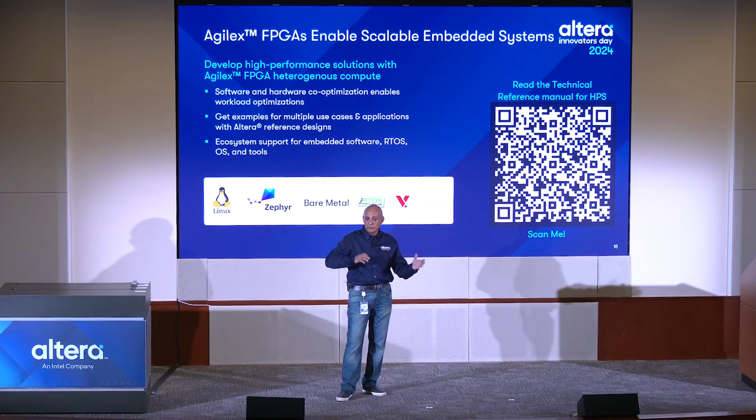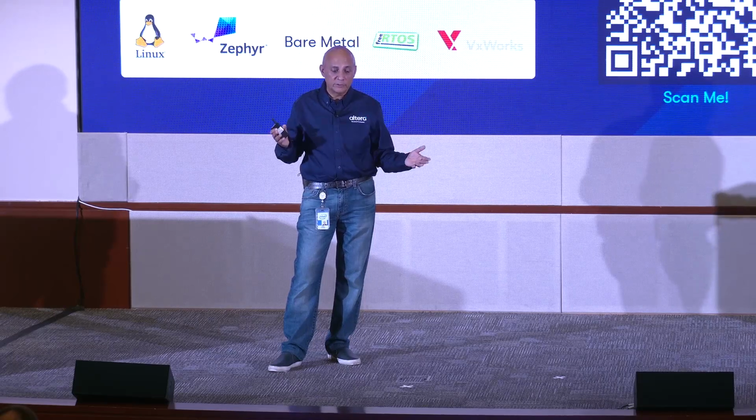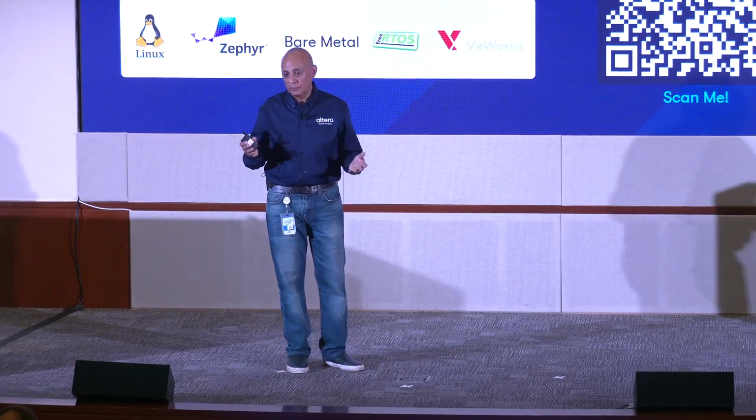You're able to do that because of the integrated CPU and the high-performing fabric. We talked through a lot of the use cases. You can download some of those use cases from our website, as applications and reference designs. And we've learned a lot about the ecosystem support that we've enabled.